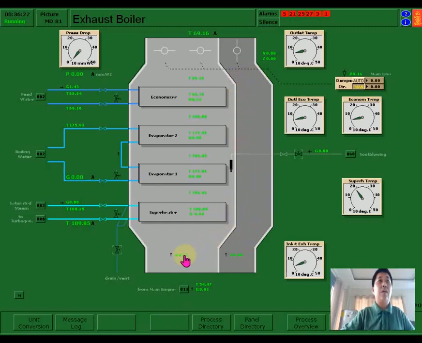If you are using an economizer, this is controlled by your damper controller.